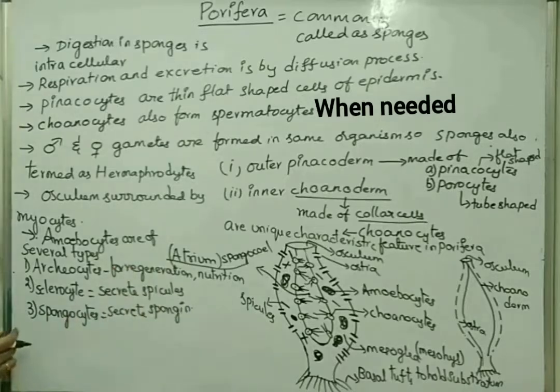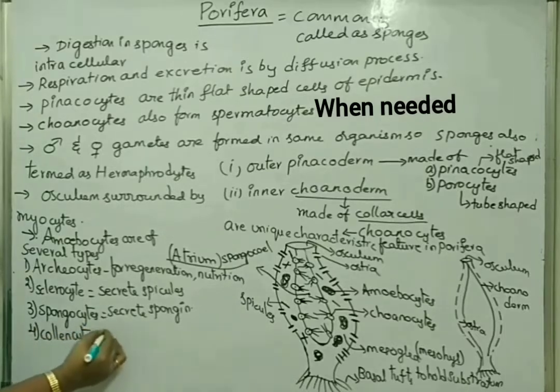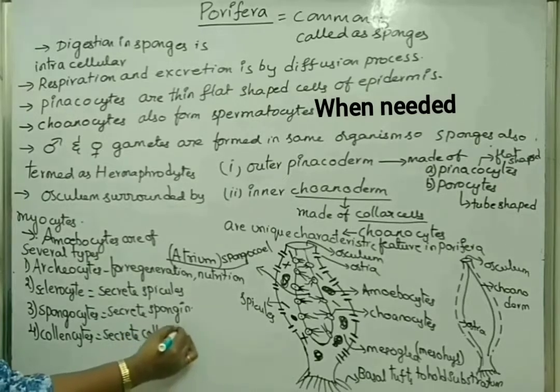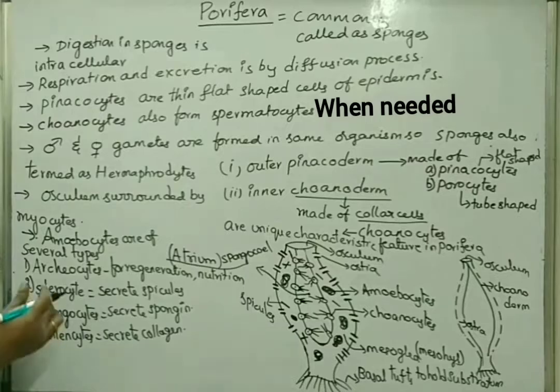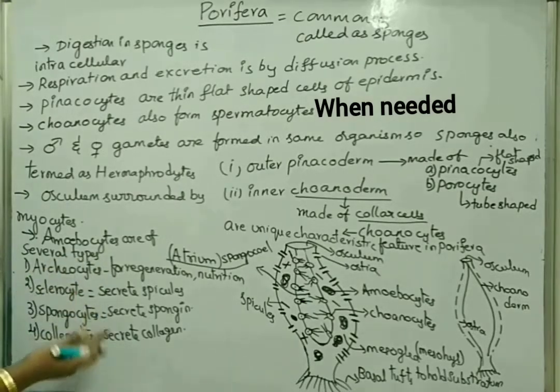Next, collencytes. They secrete collagen. Next is leukocytes, which try to move the organism from one place to another place, but as the sponges are sedentary, that doesn't happen.